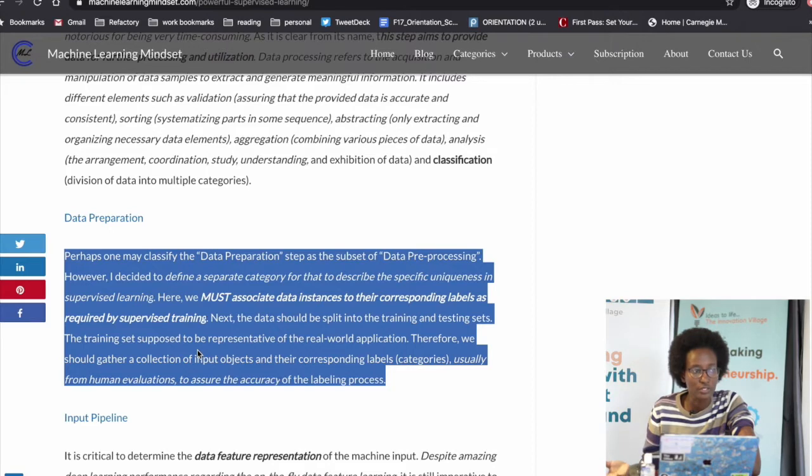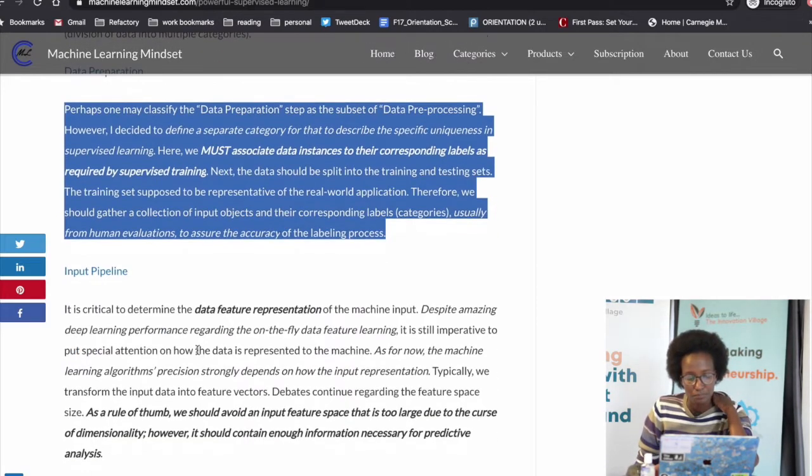Of course, you know the size, the number of rooms, the size of the garden, and you know the price. So you're trying to get those labels, those categories, and they are from human evaluation. So that means you're training the model on already known data.